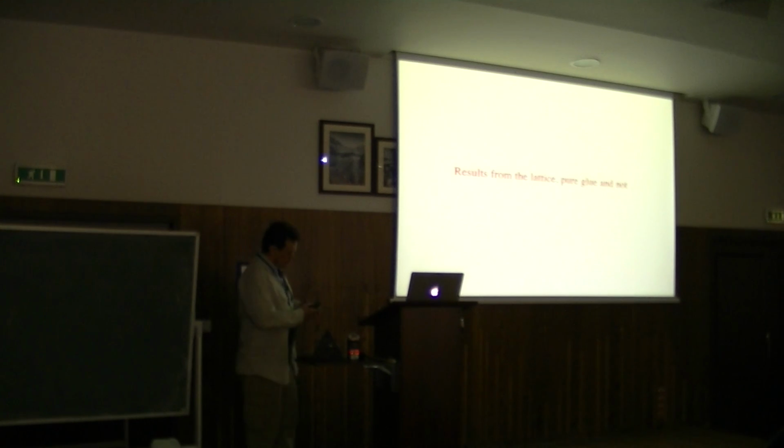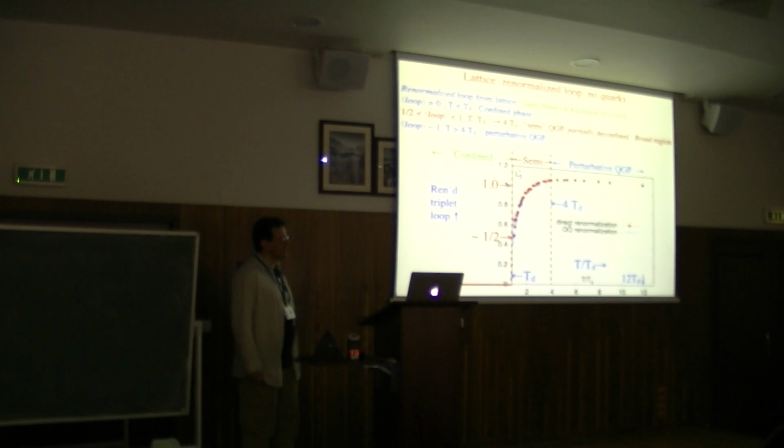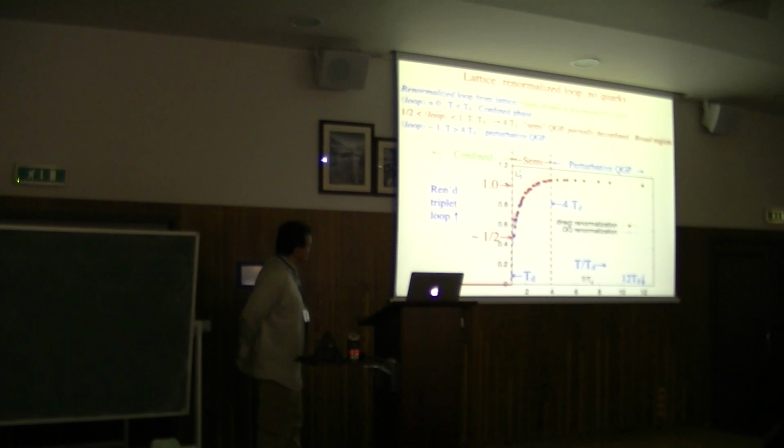Okay, so let's go on to look at the result. This is data that Olaf Kaczmarek did with Gupta and Bütner about 10 years ago. I think it's the definitive state. This is data from the lattice for the normalized triplet loop, in SU(3) with no quarks.